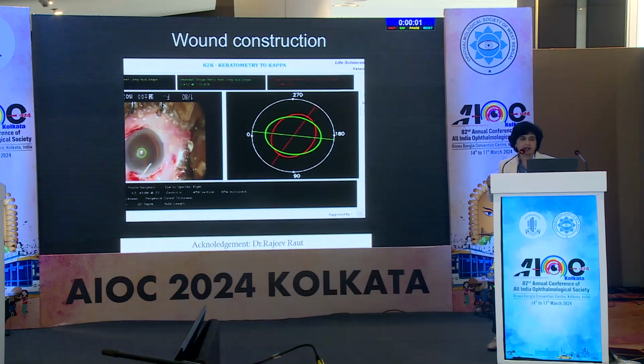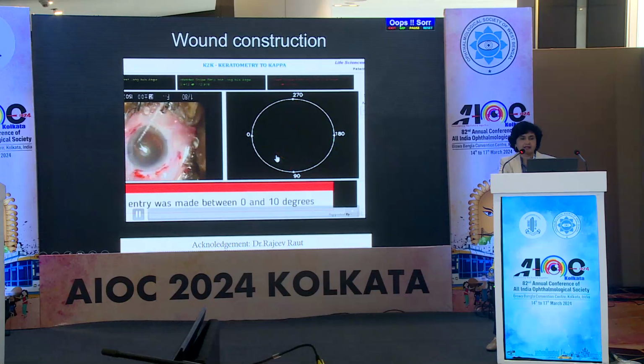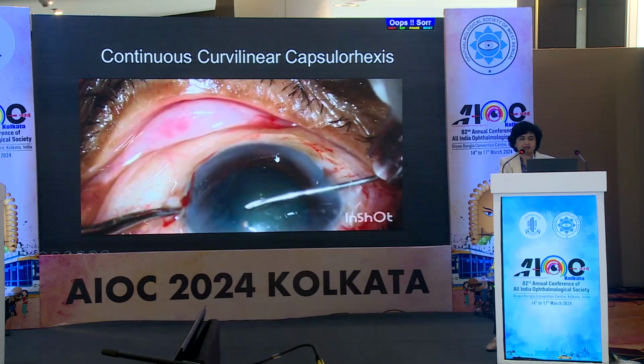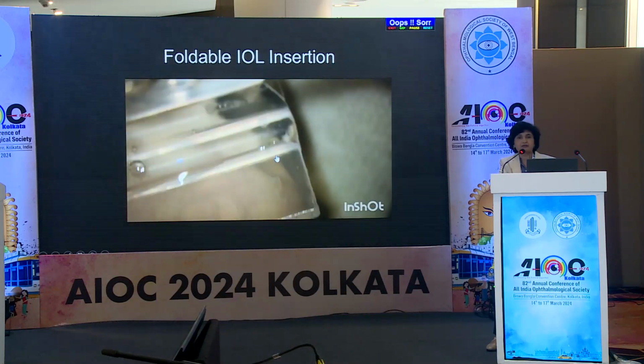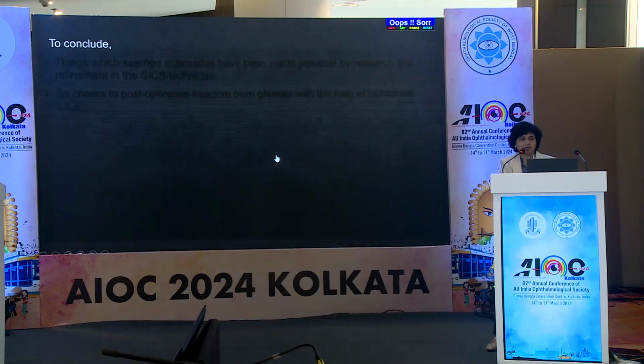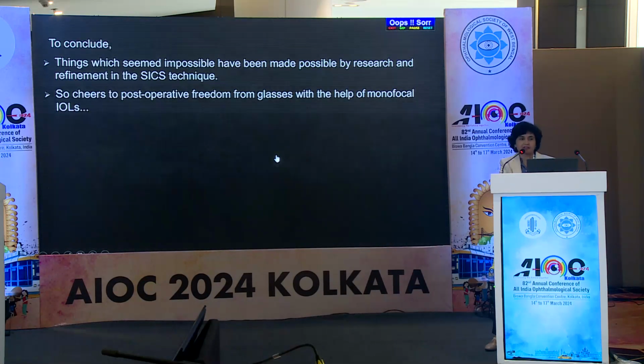With this, we are aware of where to make the exact incision, and a proper capsulorhexis is needed, and then the proper incision is guided by the keratometry. So I'll skip this. To conclude, with monofocal IOLs also, it is possible for a patient to have a spectacle-free, great distance vision as well as great near vision.